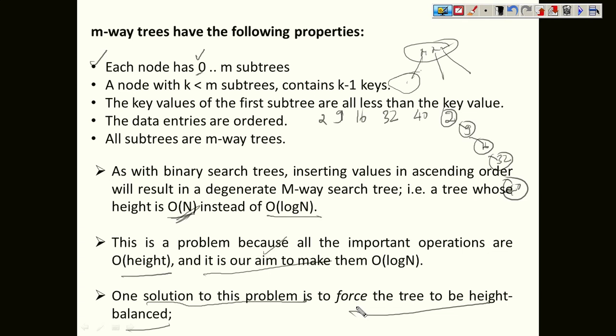We have to look for a method that can make these M-way trees balanced, a structure that will try to make the tree balanced and reduce the complexity of M-way search tree operations.